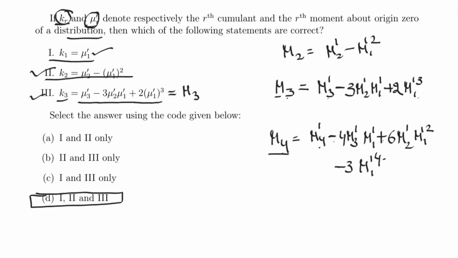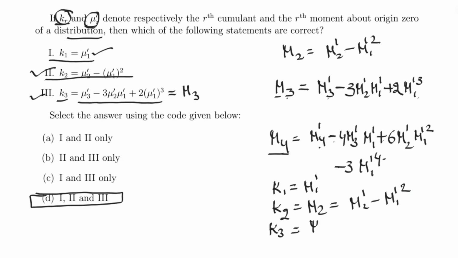So for this question, the first cumulant K1 is always equal to the first raw moment. The second cumulant is equal to the second central moment, which is mu2 dash minus mu1 dash square. And the third cumulant is equal to the third central moment.